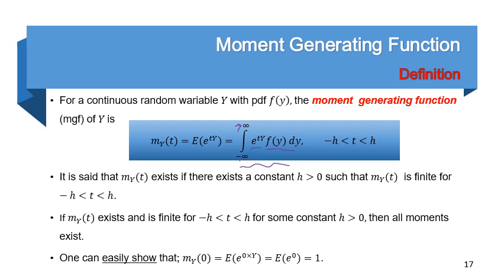Remember, if we give you the moment generating function and you replace t with zero, you put t equals 0 in the definition of M_y(t), you get the expectation of e to the power 0, and since e to the power 0 is 1 and the expectation of 1 is 1, the answer here is 1. I can give you this as an MCQ question or as a true or false statement. So please be careful.